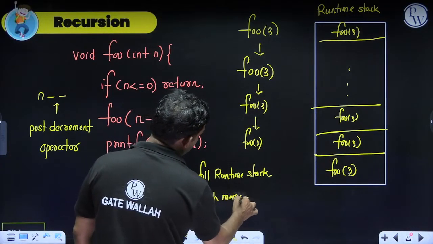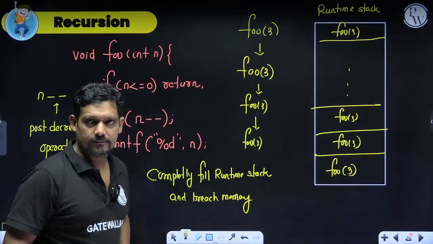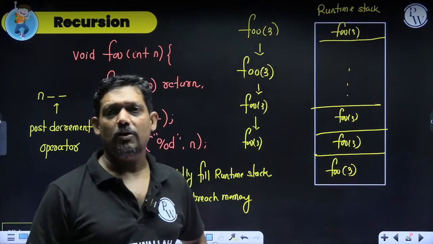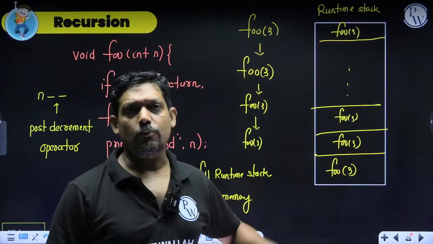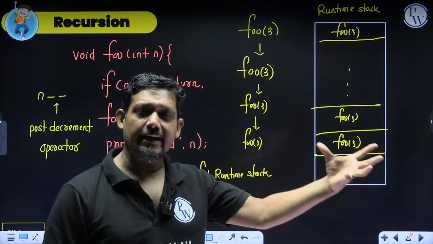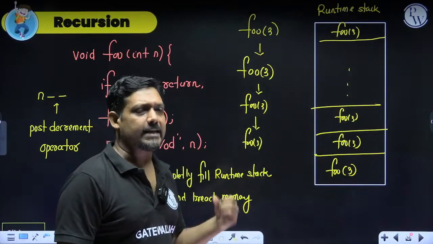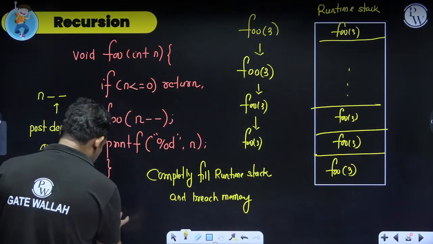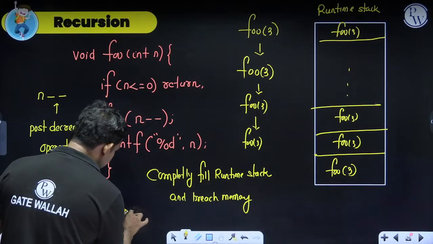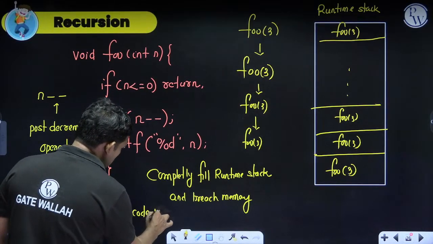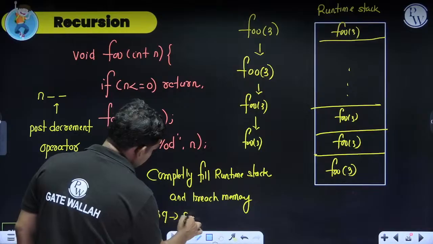Breach means violation, and the moment it tries to write in other space, it will generate the segmentation fault. So error code 139 is nothing but the segmentation fault.